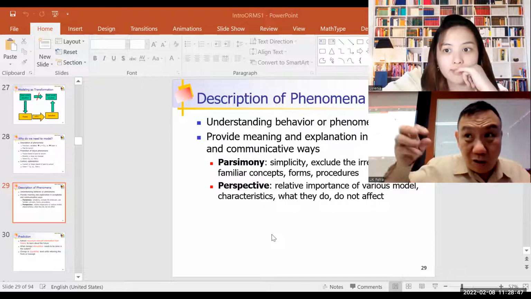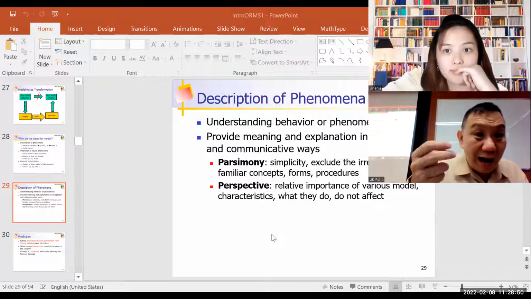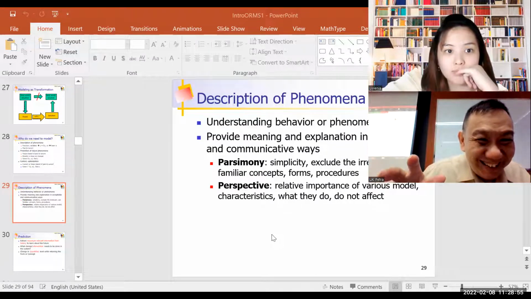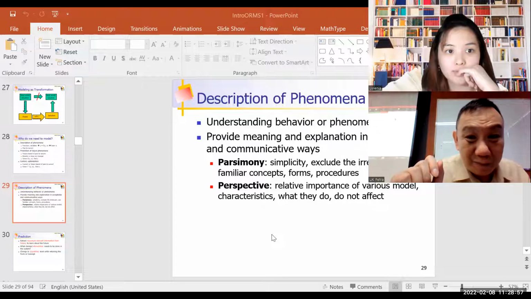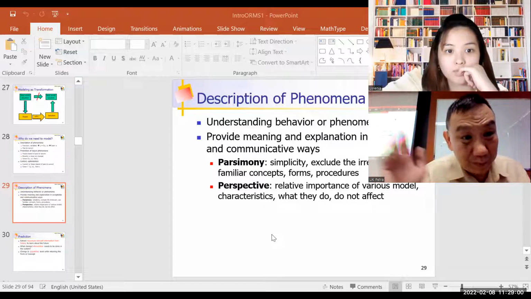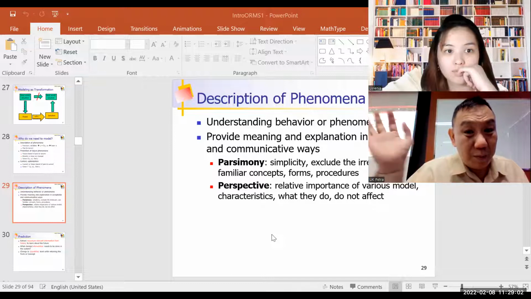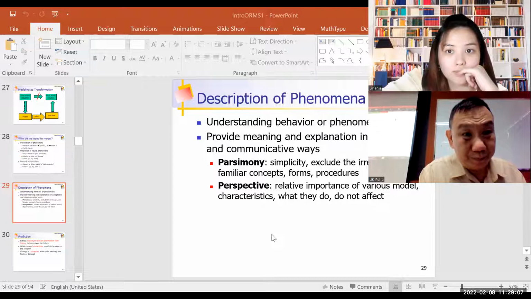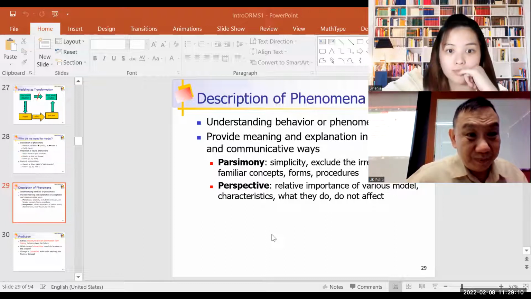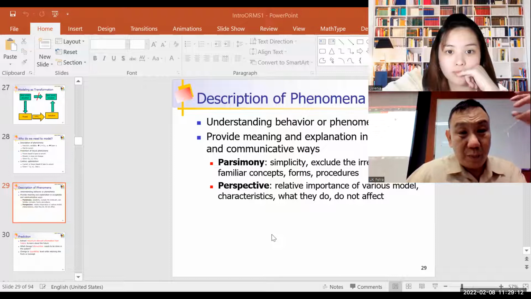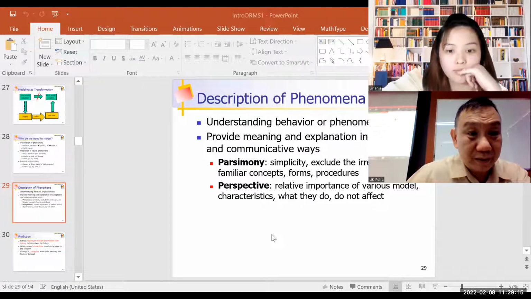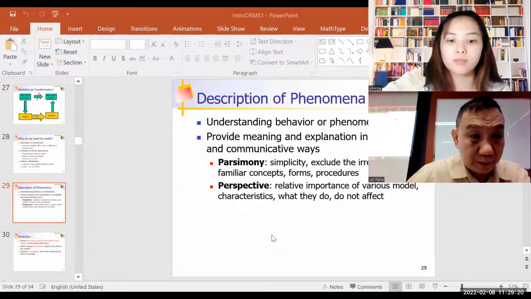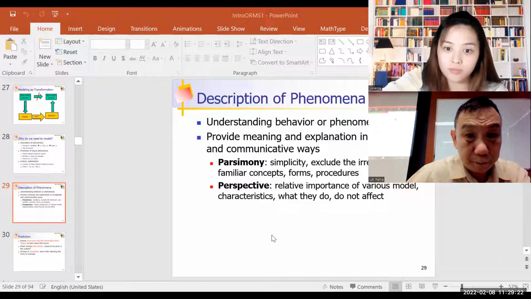On the road probably there is some ant, some rat, some bird. Will you include? Probably you will not include. You simplify, you exclude the irrelevant to your purpose. Is it clear? So you don't put everything in your model. Only put things that are relevant and simple based on your purpose.